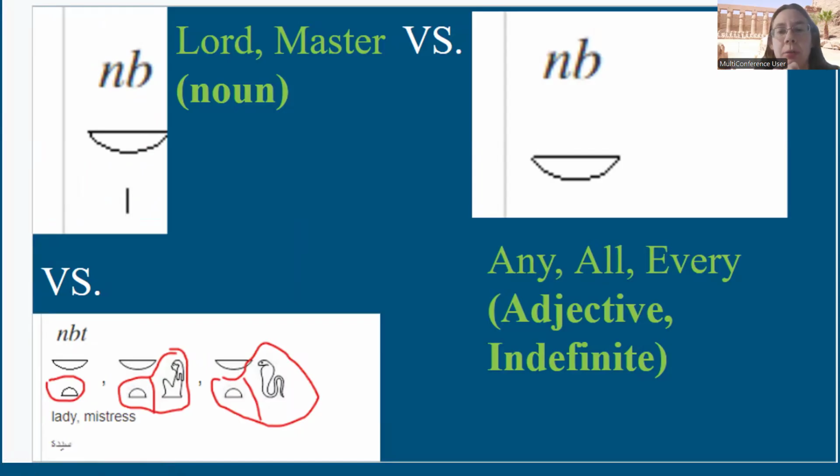We also have words that can be the same picture, or almost the same picture, but have different grammatical functions in a sentence. So one of the common ones that you see this in is the word neb, which can function, depending on the context, either as the noun, which can be translated as lord, master, owner, that kind of thing, or as the infinitive adjective, meaning any, all, or every.